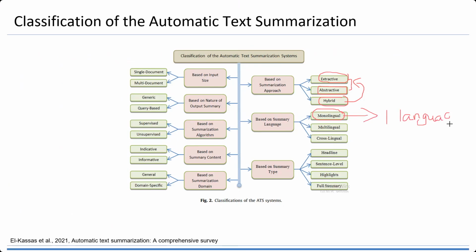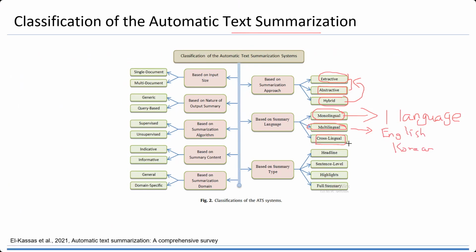But nowadays there are many text summarization systems that are multilingual. So you want to summarize the English, but you want to summarize it for Korean people. So it means you will summarize the English, and then some of the explanation will be in Korean. So it is multilingual or cross-lingual.